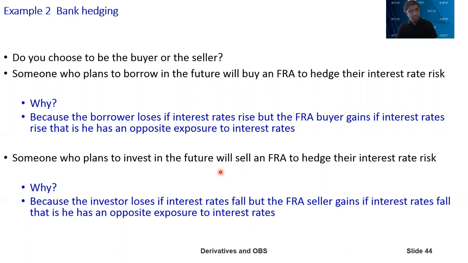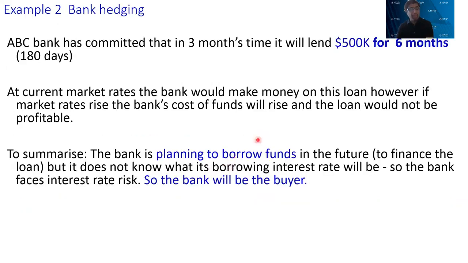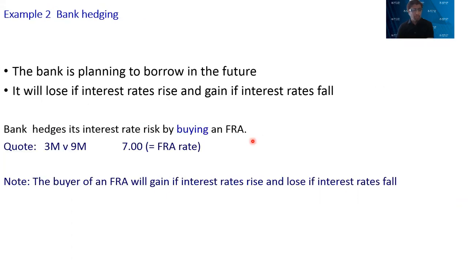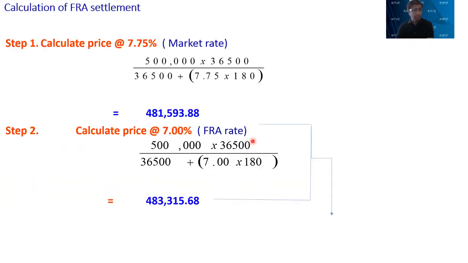And the hedging, how does the hedging work? So you hedge the changes in the interest rate and in commodities here, but you also can do it on the interest rate. Now, let me show you how it works. For example, here it's the same calculation. Nothing changes. Same calculation, and we know the settlement.